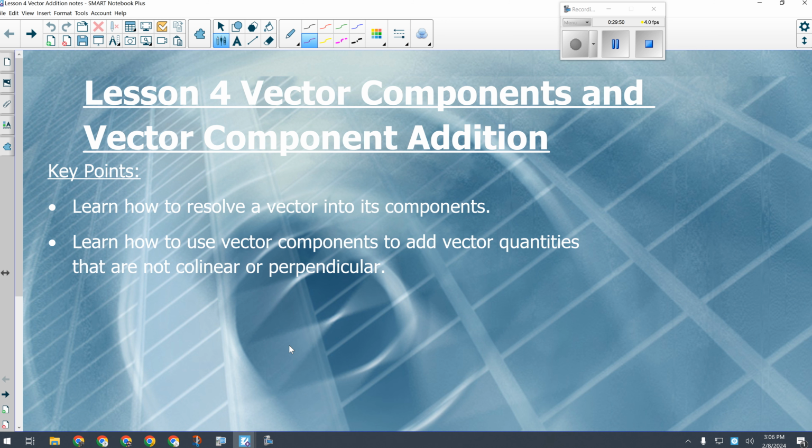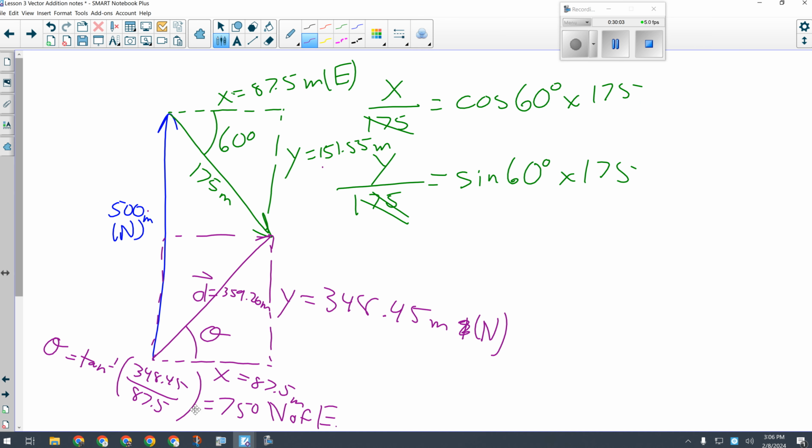So the first thing we have to do is learn how to resolve a vector into its components. Now you're probably thinking, Coderre's speaking Greek. I don't know what that means. Except it's exactly what we did here when we found green x and green y. We broke down that 175 meter long vector pointing 60 degrees south of east into its horizontal component and its vertical component.